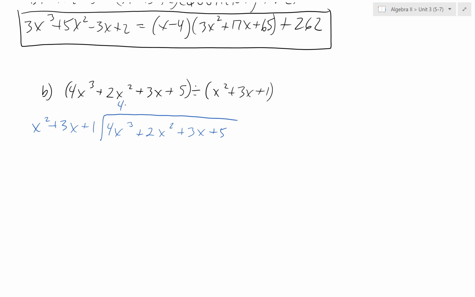I think I heard several people say we need to put 4x there. So if I put 4x there, and multiply by the entire divisor, 4x times that divisor gives me 4x cubed plus 12x squared plus 4x. And then we're subtracting all of that.